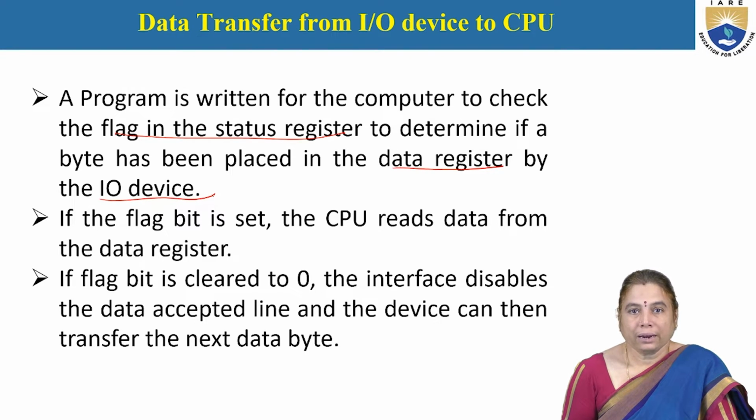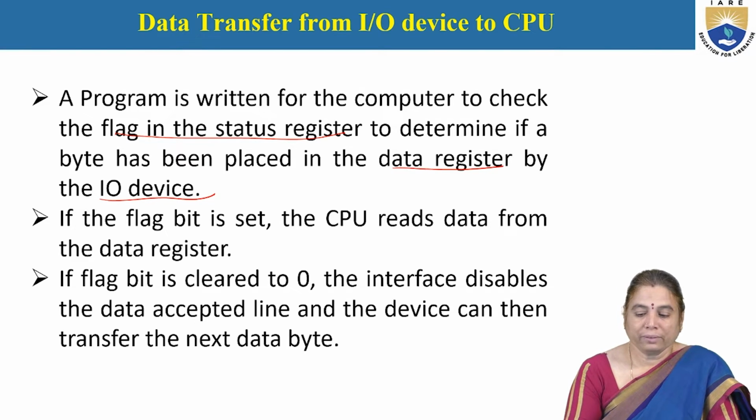If all the data is ready in the data register, then only the flag can be high. So a computer program is required which continuously monitors the flag of the status register to determine whether data is ready in the data register or not.